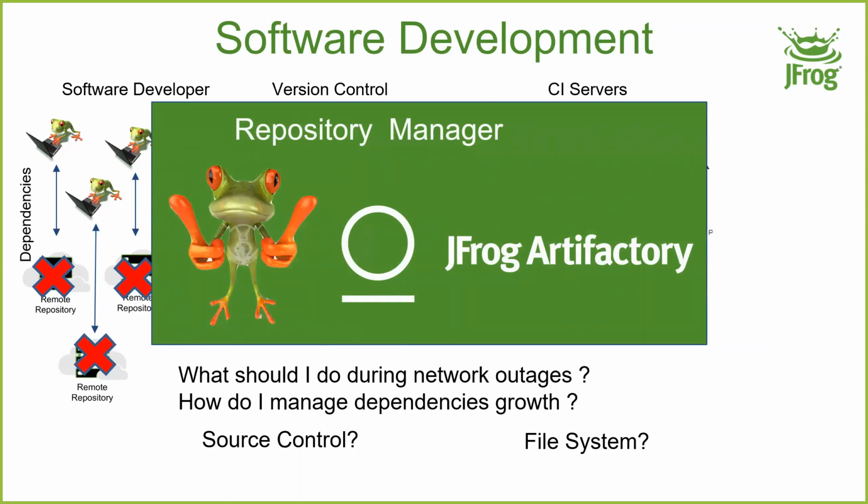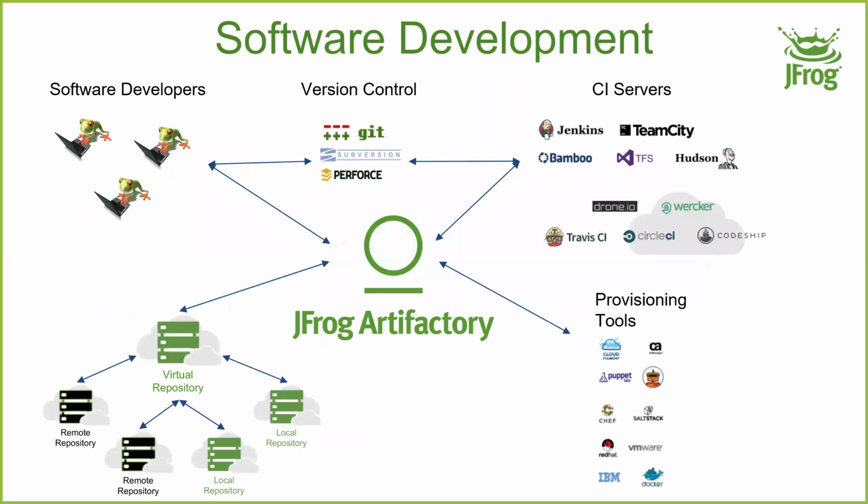So here, if you use a repository manager like Artifactory, you will change the way you retrieve your dependencies and how you manage your binaries. You can see that now, instead of downloading the different dependencies directly from the external sources, your CI server and your developers will get them through Artifactory.